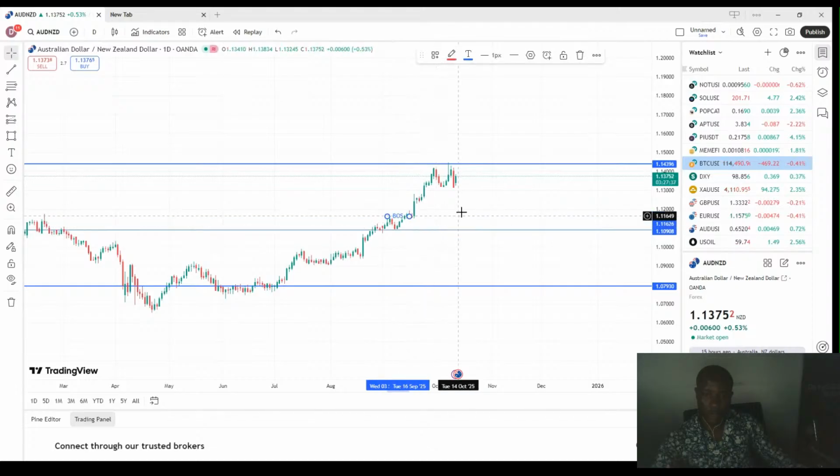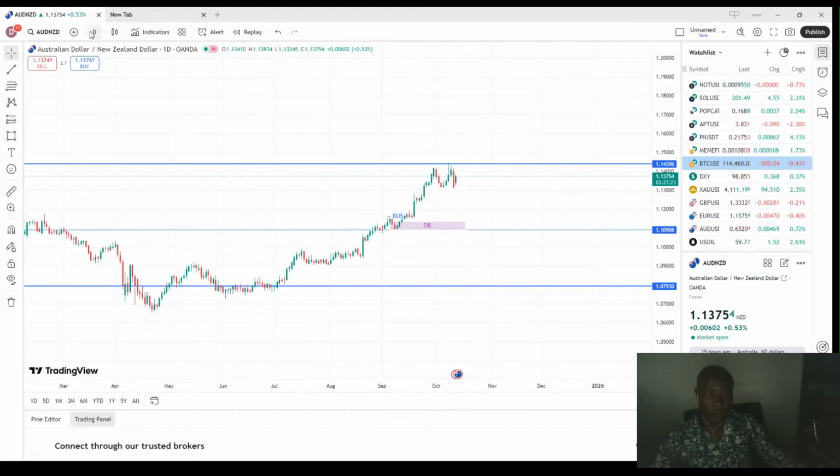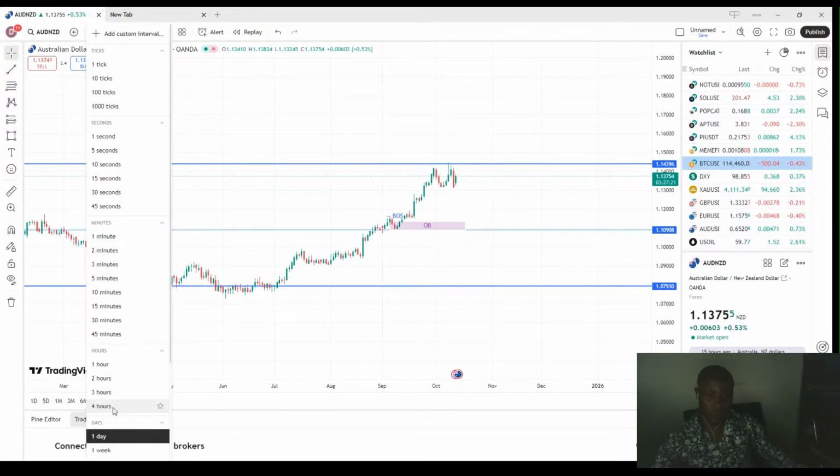So this is the last break of structure, and let's mark out the other block. This is the other block. So let's go to the 4 hours to see.